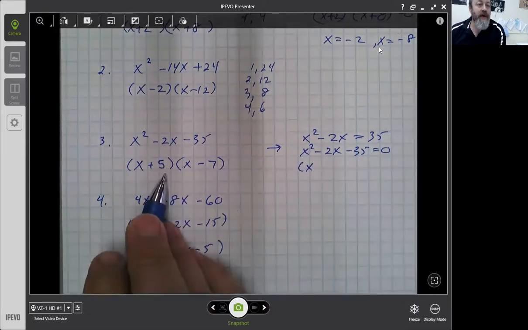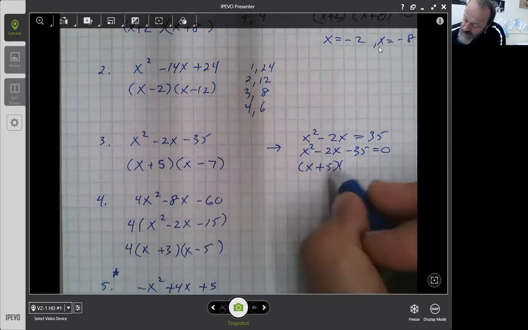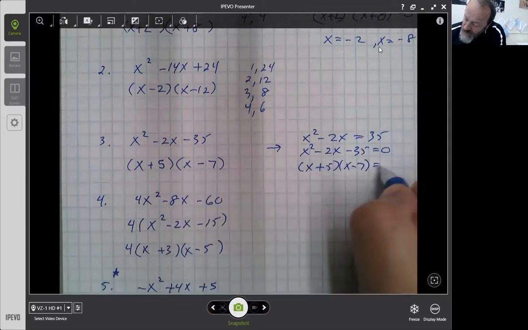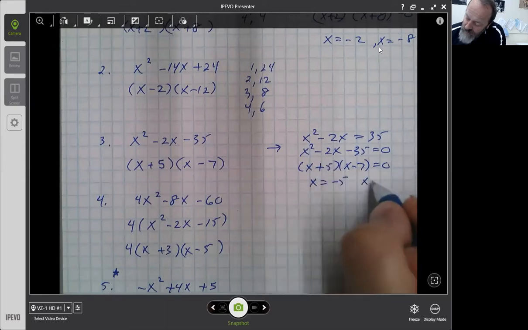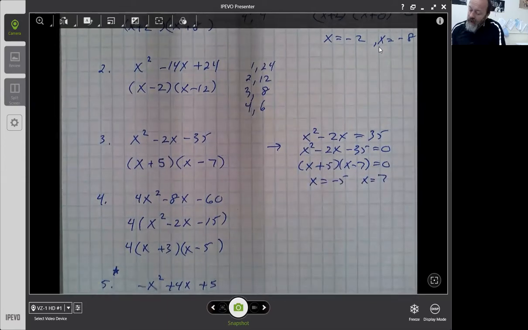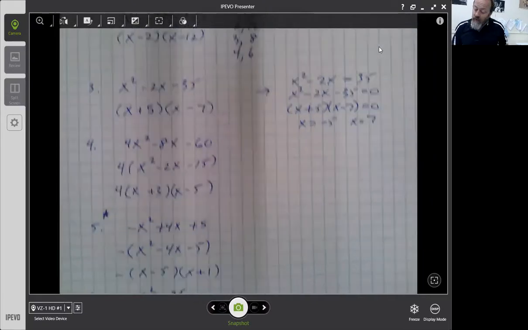Factoring is now not the question. It's a tool to help answer the question, because I want to know when this set of factors has a product of 0, which again, that would be -5 from the left and +7 from the right. And that's pretty much the end of the story.